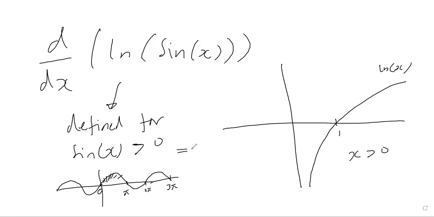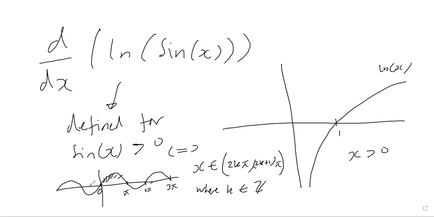So this is bigger than 0 when x is in the open interval from essentially the even multiples of pi, so let's just say 2k pi, up to the odd multiples of pi, so 2k plus 1 times pi, where k is an integer.